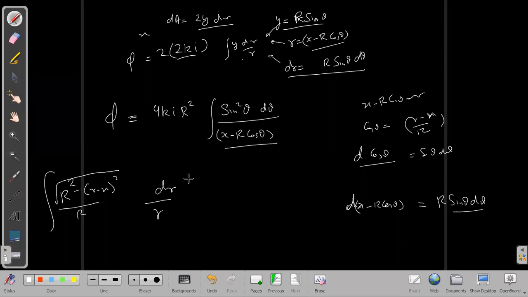It is also tough. Okay, I will see what the integration for this is and I will tell you afterwards. Right now, I'm not getting an idea how to do the integration.